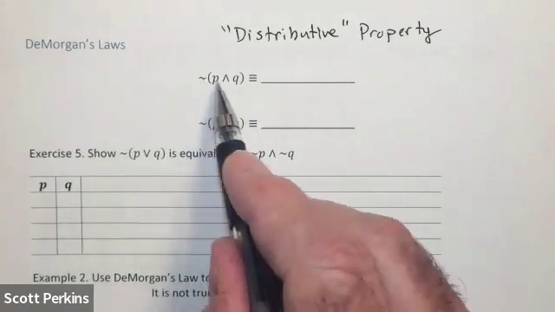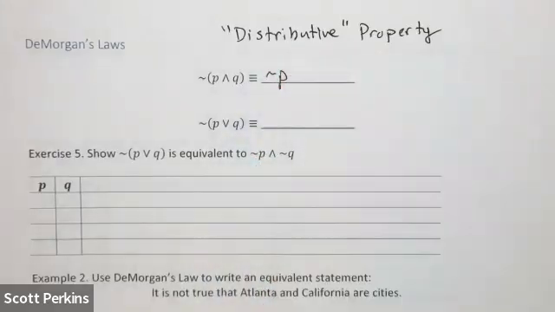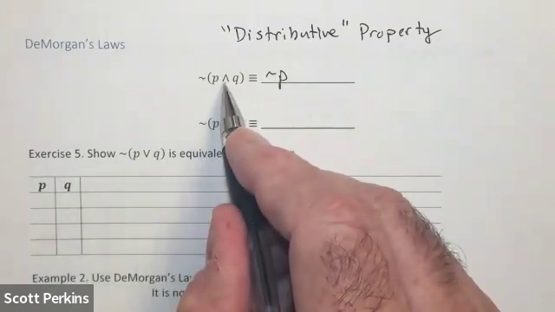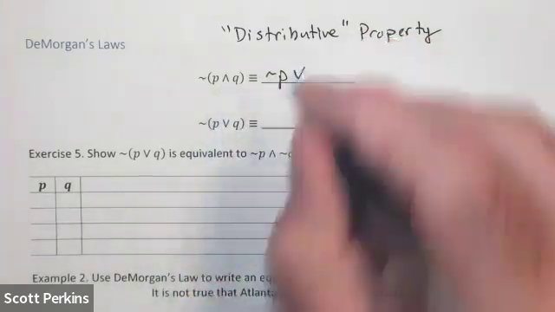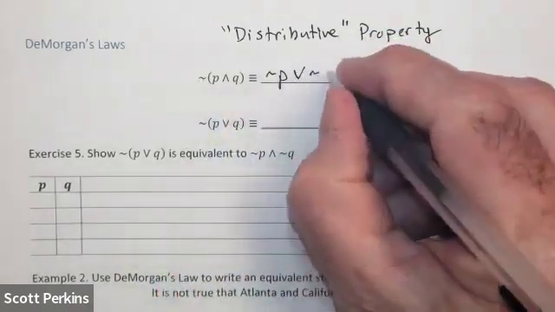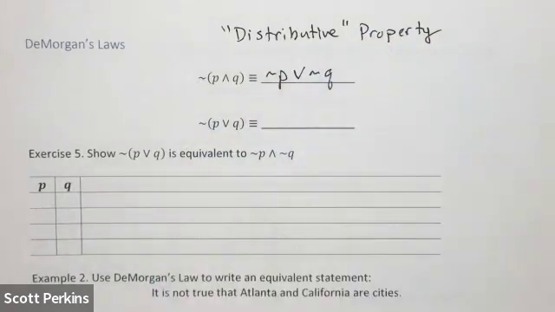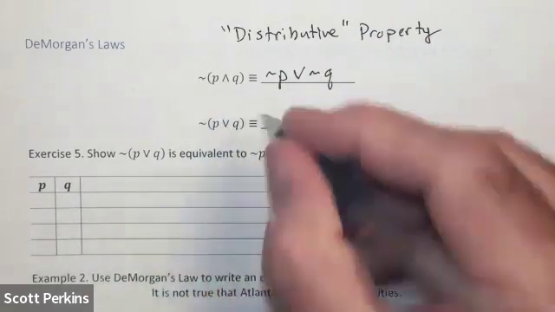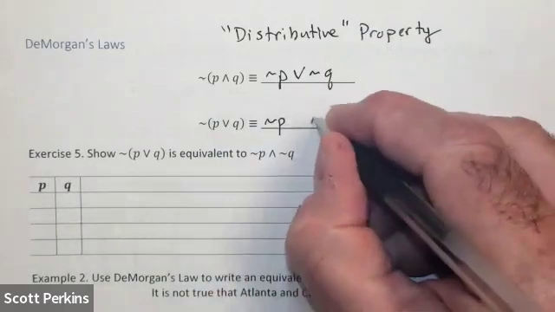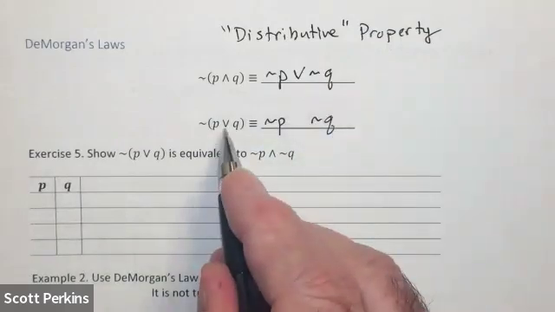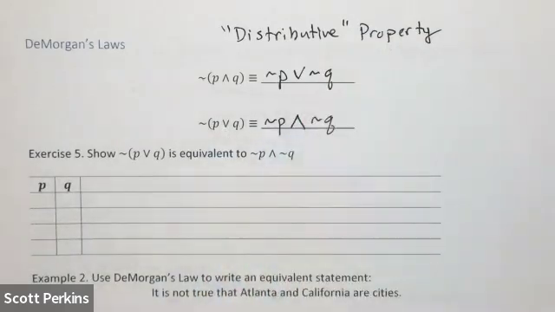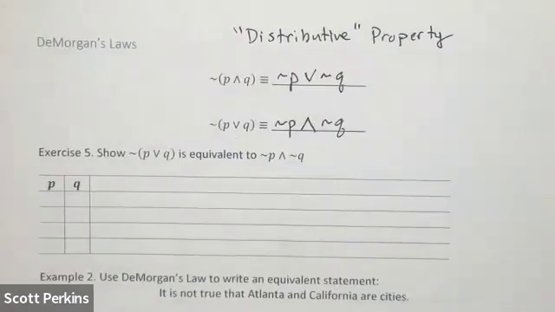So I can take squiggly P, but then for DeMorgan's law you don't leave this an and, you flip it. So it becomes an or, and then I distribute squiggly Q. So I distributed the squiggly to both the P and the Q, and I had to flip the sign. Same thing is going to be true if you start with an or. I'm going to distribute the squiggly to the P and the Q, but this time instead of it being an or, it's going to change to an and. Those are equivalences.